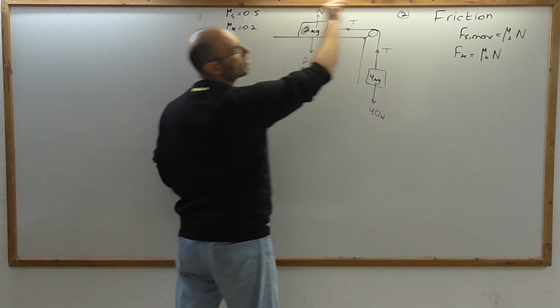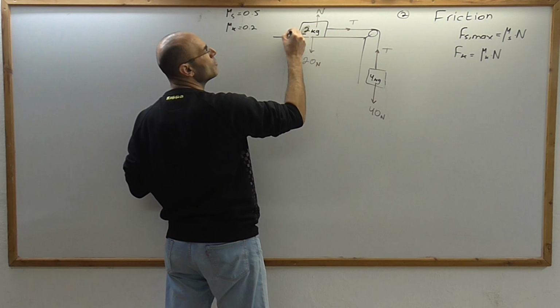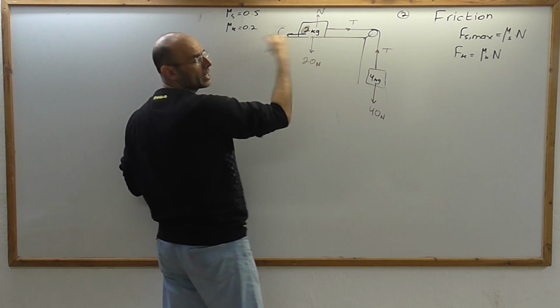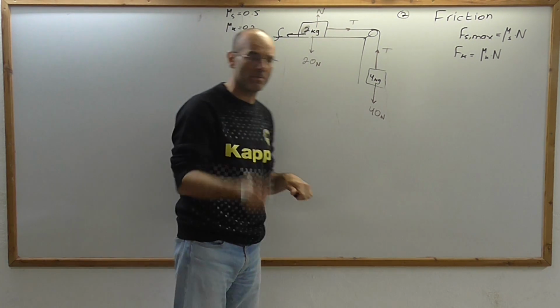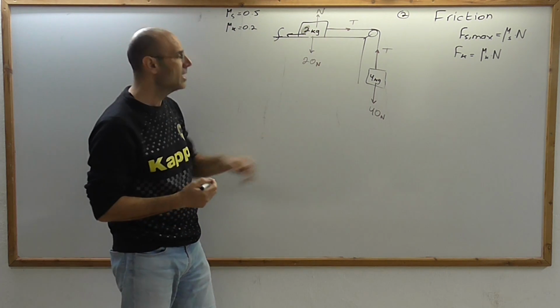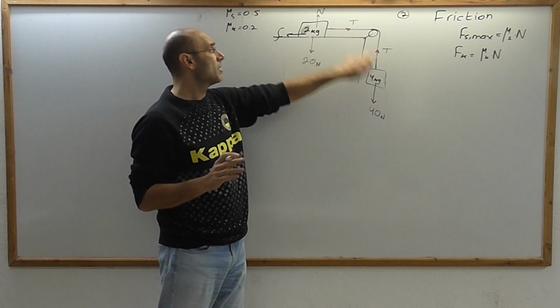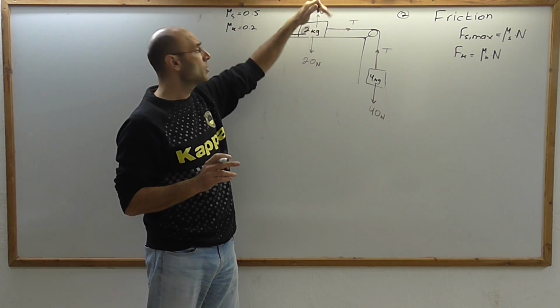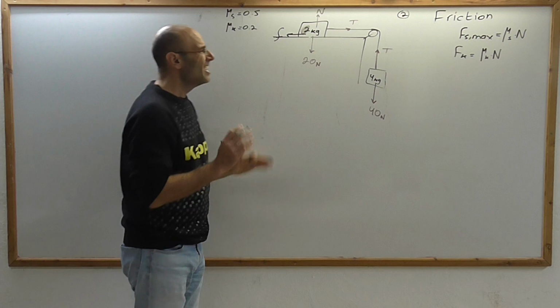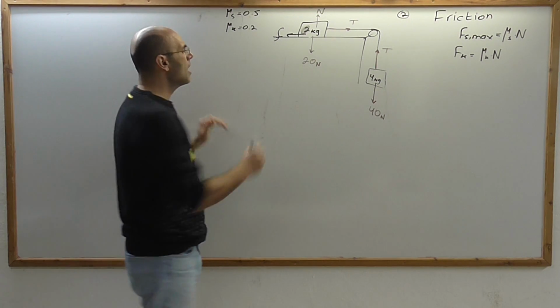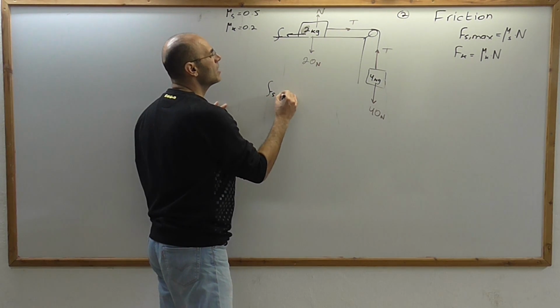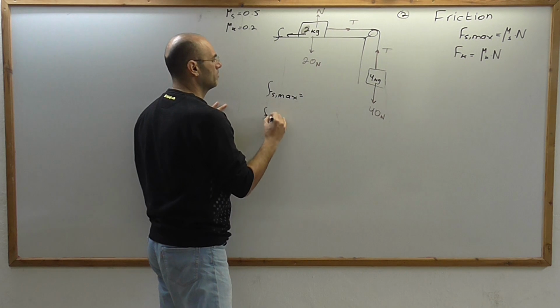So if it wants to move this way, the friction force will be that way, against the tendency of this system to move. This one doesn't feel any friction force because it's in the air. Friction is always where you have a normal force, when you are on the surface. Now, it doesn't matter what they ask me, I always write myself these two equations.